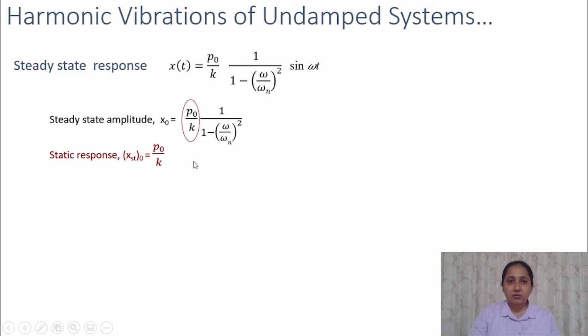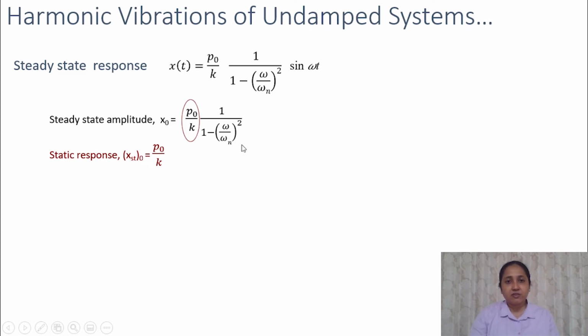Now, since our force is dynamic, a harmonic force equal to P0 multiplied by sine omega t, we have a response which has an amplitude P0 by K multiplied by another factor.